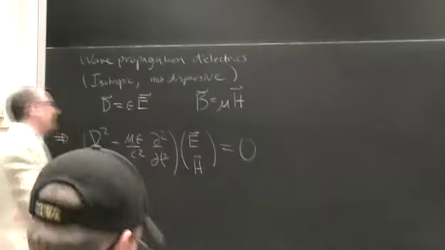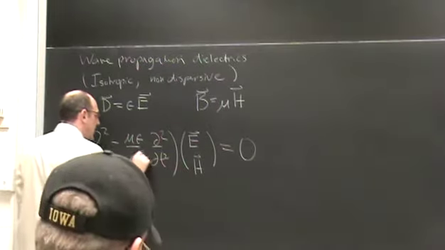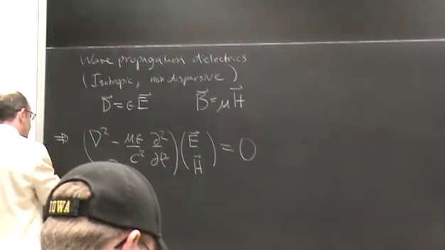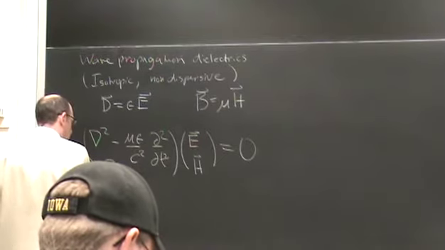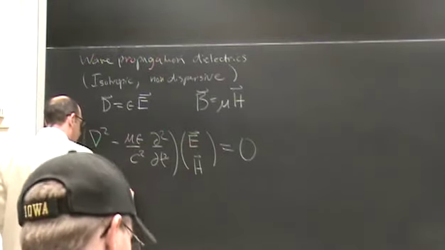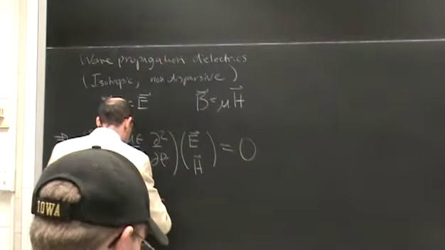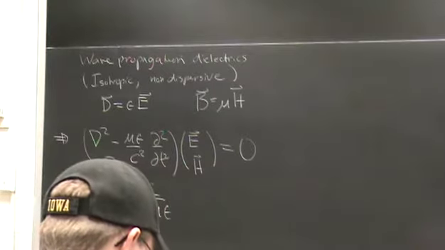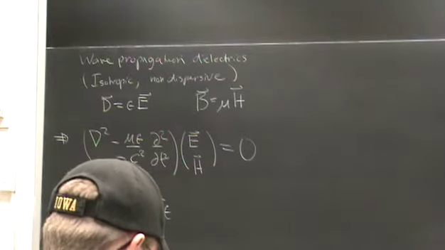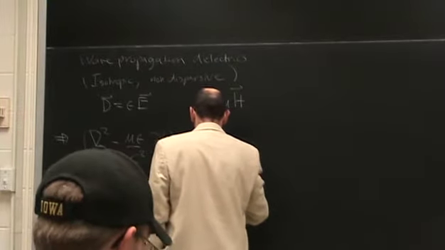which looks like the wave equation in vacuum, except now we have a dispersion relation which says that omega over k is equal to c over the square root of mu times epsilon. Okay? And this is the phase velocity of a plane wave.